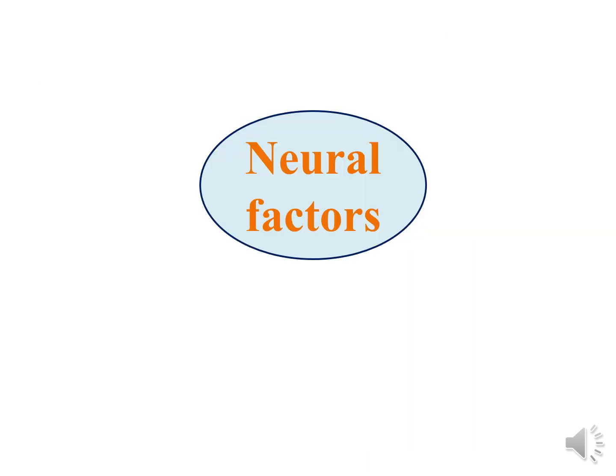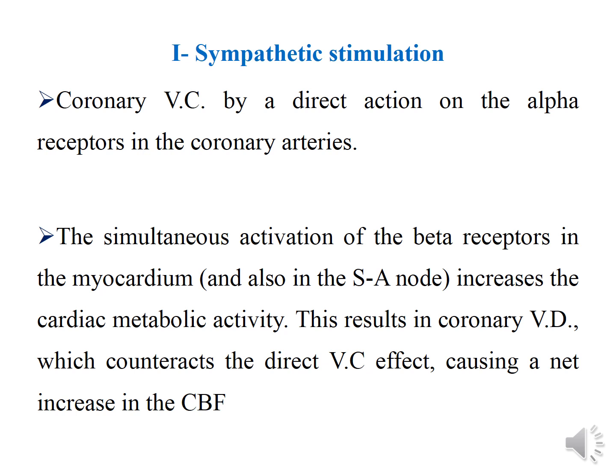What about neural factors affecting coronary blood flow? Sympathetic stimulation causes coronary vasoconstriction by direct action on alpha receptors in the coronary arteries. The simultaneous activation of the beta receptors in myocardium and also in the SA node increases the cardiac metabolic activity.